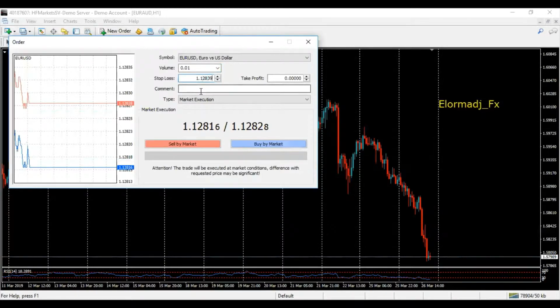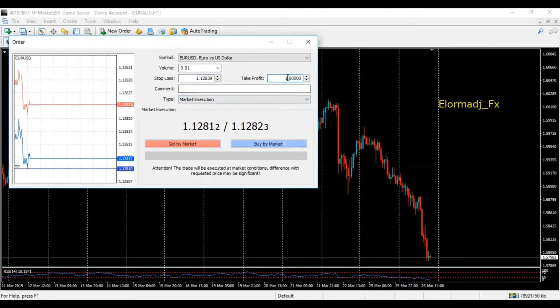If you are using 0.01, it means that if the market goes against you, for each pip you'll be losing 1 cent. I hope we are all clear. Since I'm selling, the price has to go down, because I'm expecting the price of the market to go down.